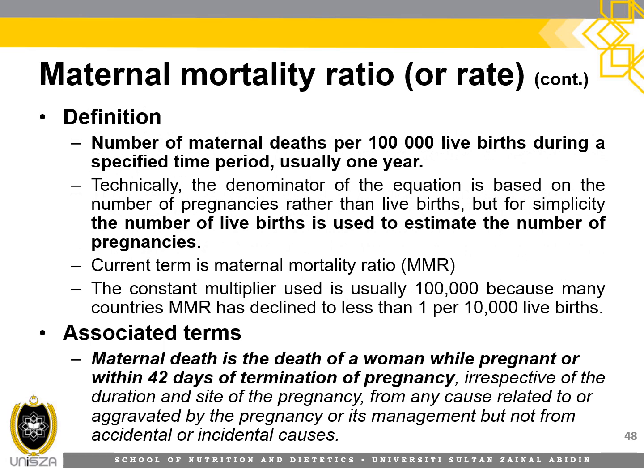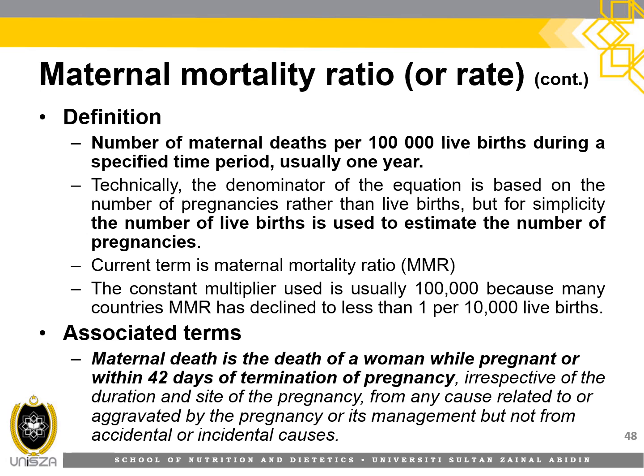Maternal mortality ratio is defined by number of maternal deaths per 100,000 live births during a specific time period, usually 1 year. Technically, the denominator of the equation is based on the number of pregnancies rather than live births, but for simplicity, the number of live births is used to estimate the number of pregnancies.